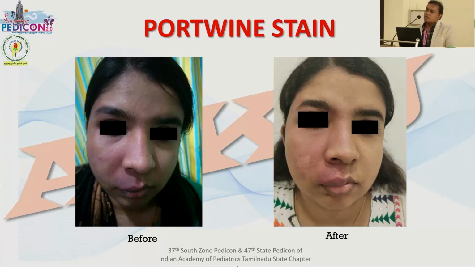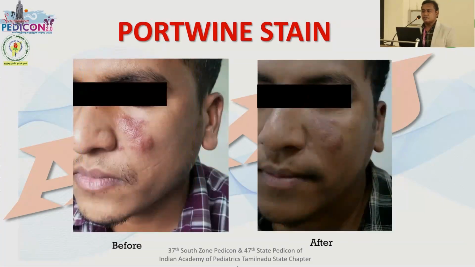If it is allowed to exist beyond 5 years or 10 years, the girl is going to develop soft tissue hypertrophy and lip swelling. Though we can improve the lip swelling, and we can clear the port wine stain even in adults, it would be easier for me to clear port wine stain if the baby or kids come much earlier than later.